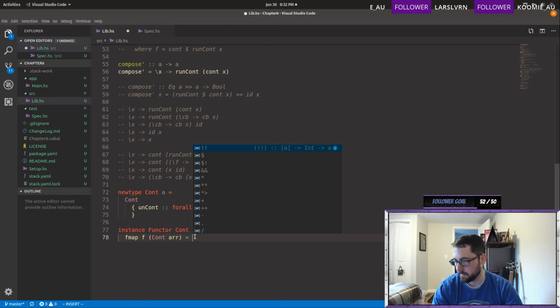Learning Coq. Okay, I know that that's a proof assistant. I've heard of that before.